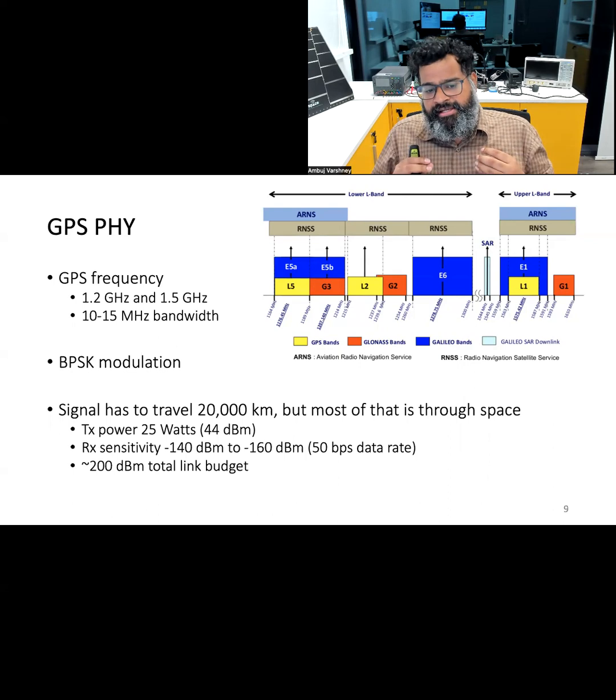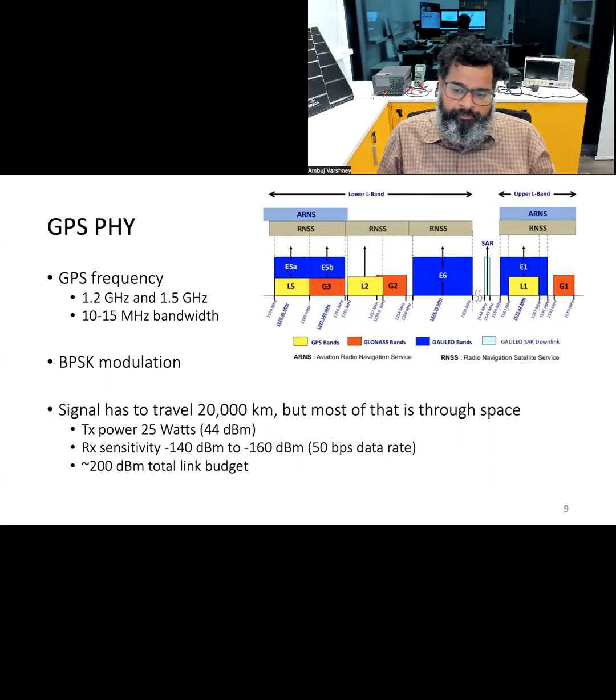In terms of modulation scheme, GPS signals use BPSK, which stands for binary phase shift keying. The satellites transmit these signals at a transmit power of about 25 watts, or 44 dBm. Compare this, for example, to the maximum limit of 4 watts that you can transmit on the ISM or license-free band.